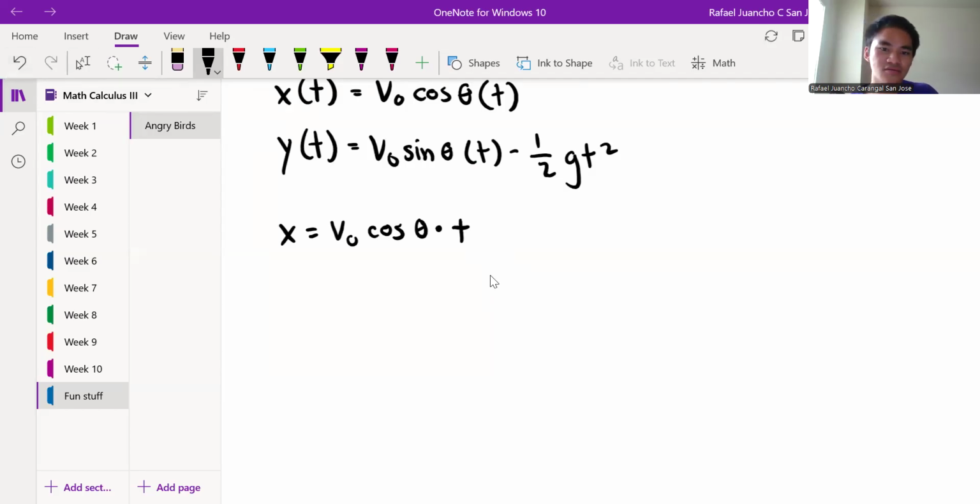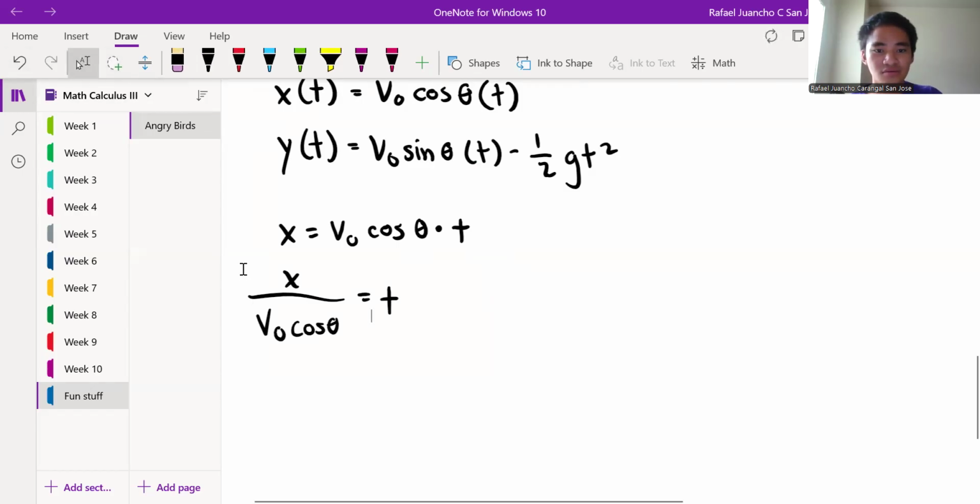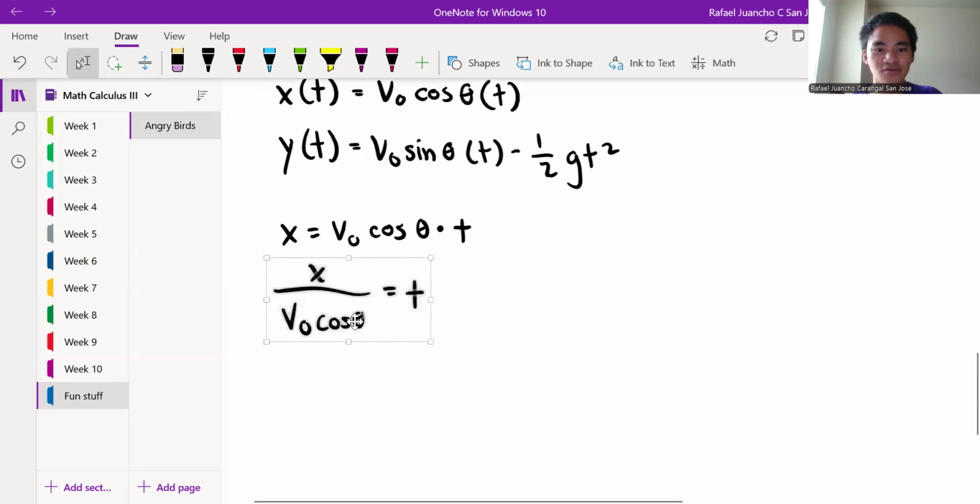We can divide v naught cosine theta to both sides. This will give us our t value in terms of x. And now, since we have this t value, we can use that in our y equation. So for every t, we plug that into our y equation.